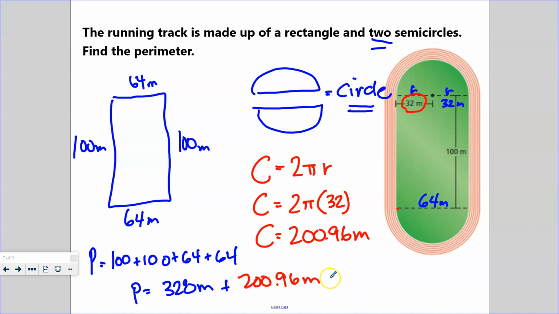And so together, we would say that 328 plus 200.96 is 528.96 meters. See how that was done?